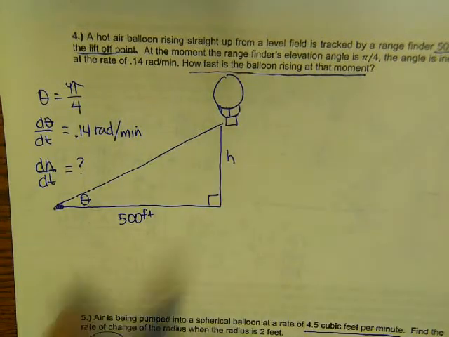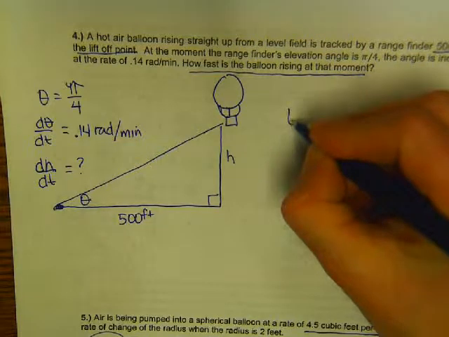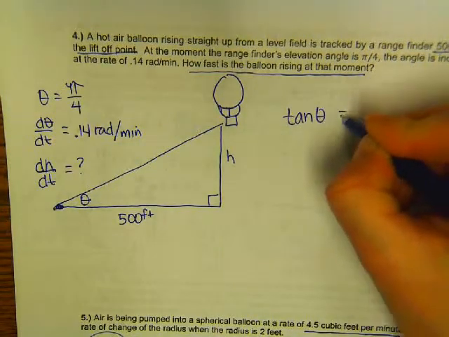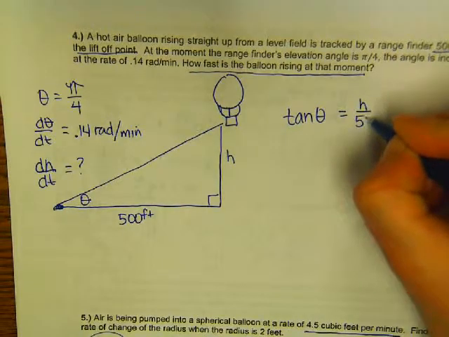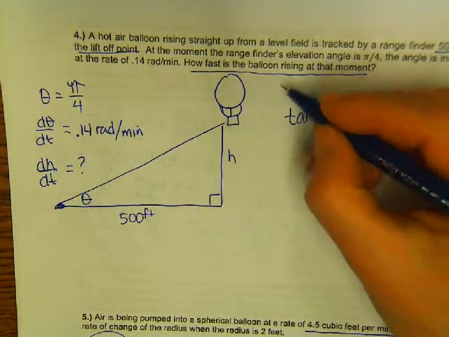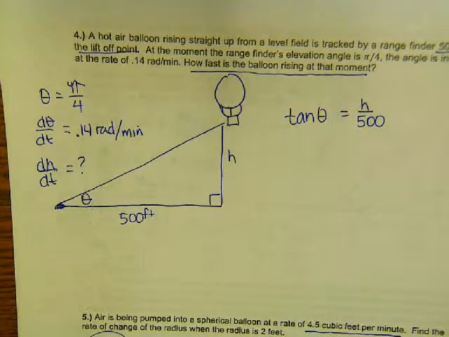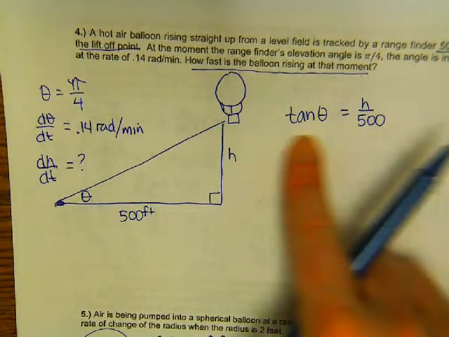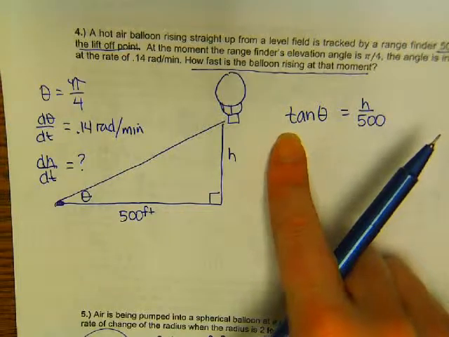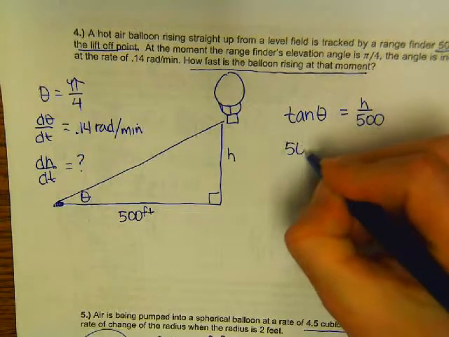With this triangle, tell me what we know. Tangent of theta equals h over 500. Okay. Just to make it a little easier, you could differentiate at this point, but let's just multiply both sides by 500 first.